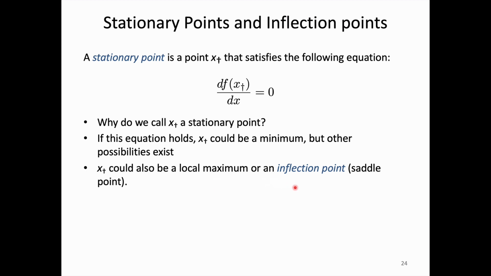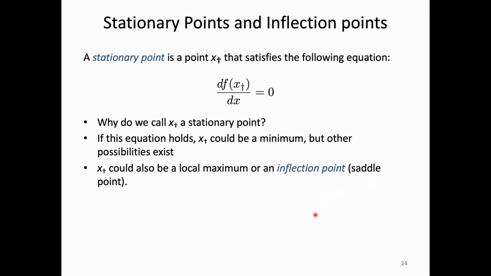Or an inflection point, sometimes called a saddle point. We'll get into this in more detail, and it'll make more sense when we get to multivariate cases why this is called a saddle point. But for the univariate case, just imagine a function that is increasing, but then its slope is decreasing, and then it goes flat. But instead of going back down, it then starts to increase again.